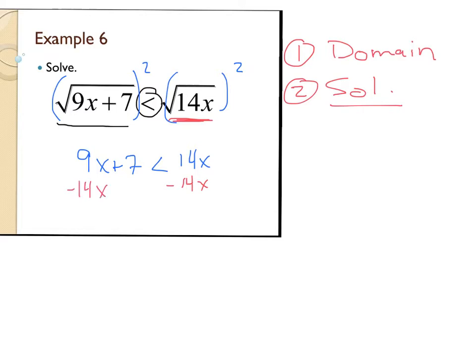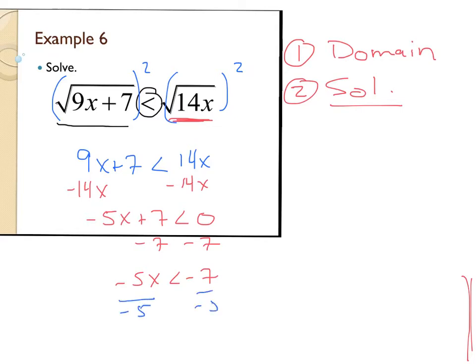Keep in mind that when we do that, I get negative 5x plus 7 is less than 0, and then I'm going to subtract the 7 from both sides, and I get negative 5x is less than negative 7. The one little thing we need to be careful with is that when we divide by a negative, we flip our inequality.